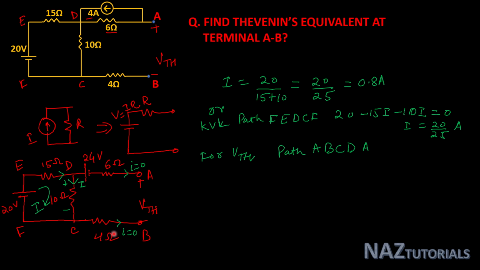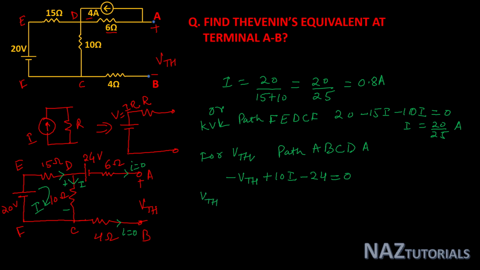This 4 ohm has 0 voltage drop, plus 10i minus 24, the 6 ohm having 0 voltage drop. So our VTh equation will be like this: minus VTh plus 10i minus 24 equals 0.